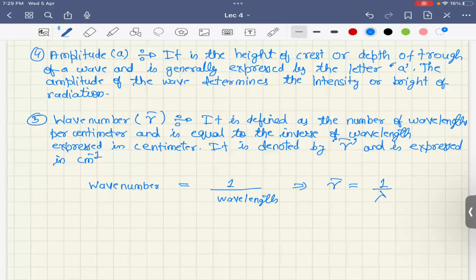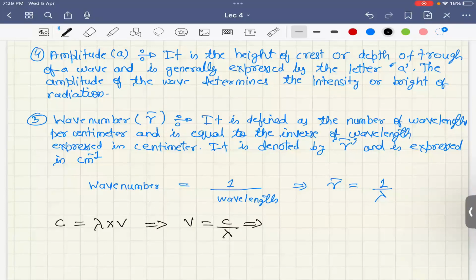The relationship between wavelength, wave number, frequency, and velocity are to be remembered. So c is equal to lambda into nu. This implies nu is equal to c by lambda.